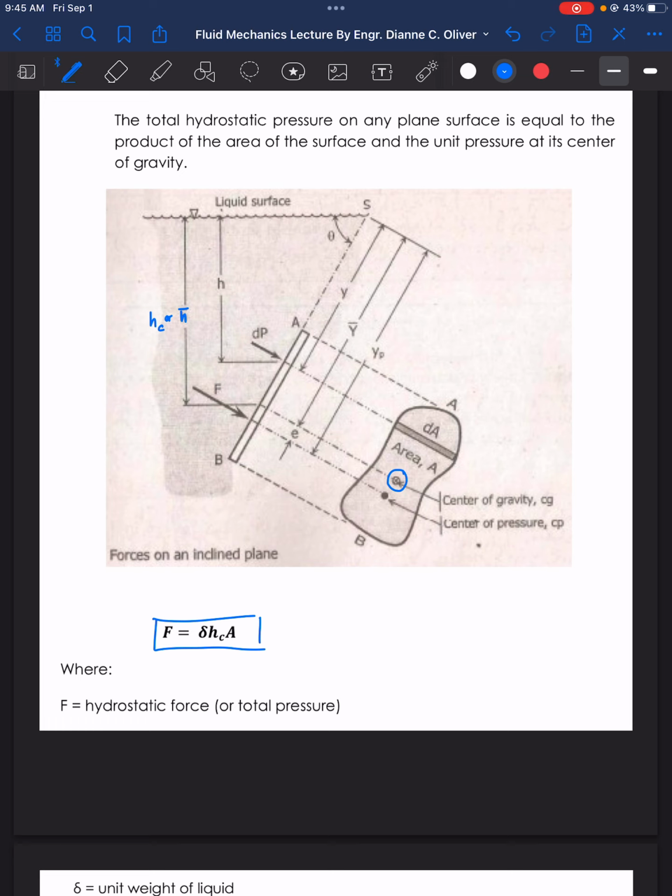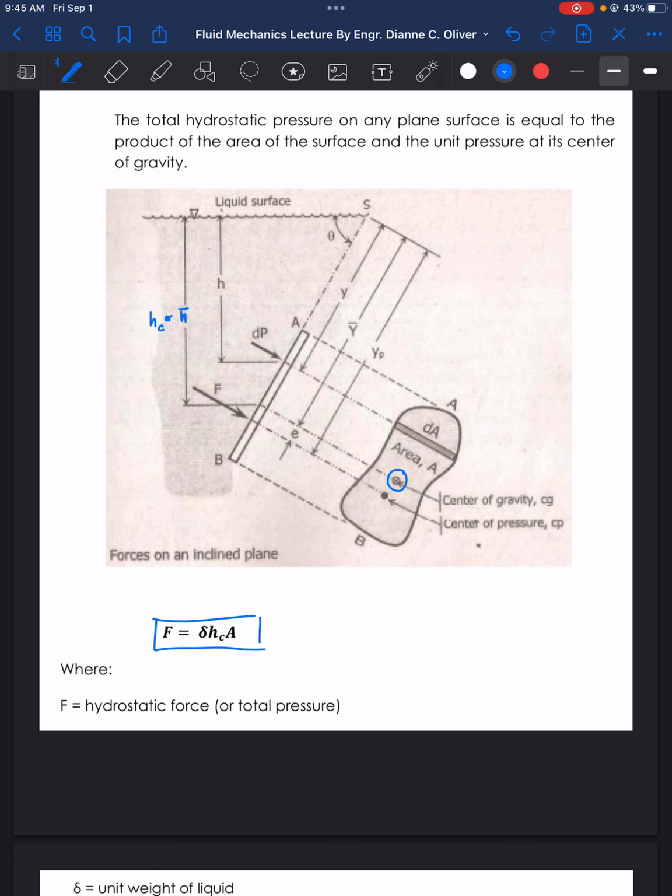When we balance a certain object in the atmosphere, we balance it at its center of gravity. But when you submerge that same object, the center of gravity shifts to its center of pressure.